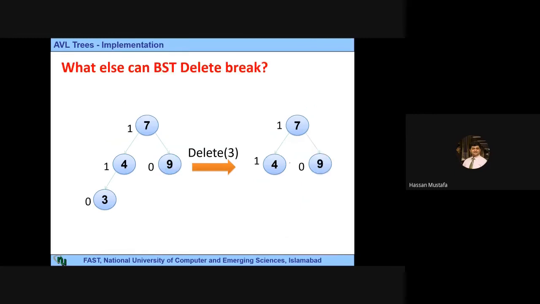Okay, so after the deletion, if we just adjust this tree, what we have is that we do not have this balance correctly mentioned here. From this tree we deleted 3 and we reached this tree, but this time the balance factors are not correct. We need to adjust those balances as well. So upon every deletion, there are two things.